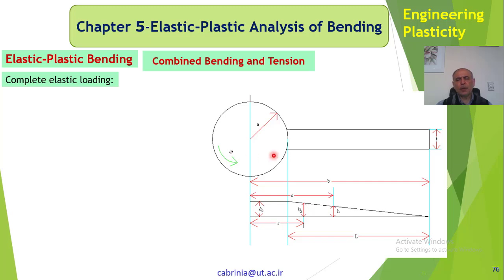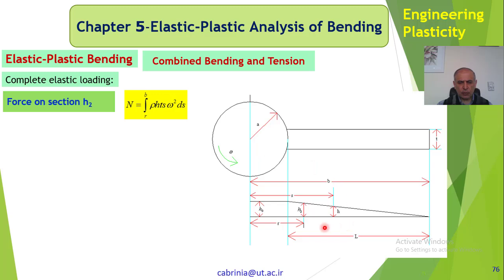If we increase omega, then the centrifugal load increases, and if the speed is high enough, the centrifugal force reaches the yield point and the material yields. So first we want to consider complete elastic loading before yielding.